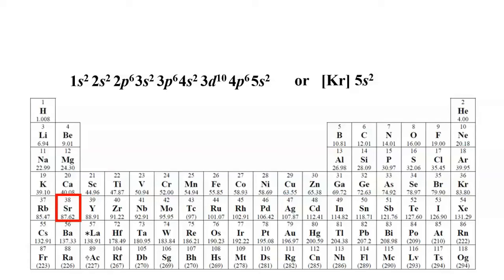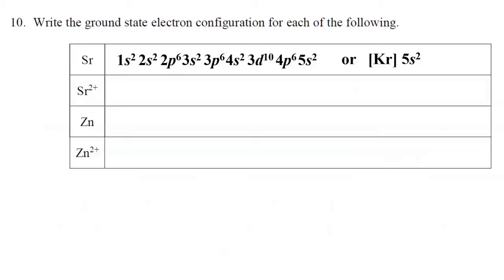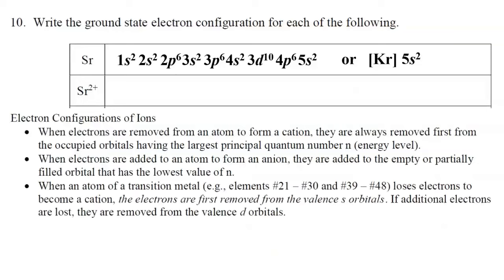You could also abbreviate it by using the noble gas krypton, which takes care of 36 electrons, followed by the last part, the valence electron shell, 5s2. Now, for strontium 2+, it is an ion which has lost 2 electrons. Remember, when electrons are removed from an atom to form a cation, they are always removed from the occupied orbitals having the largest principal quantum number, n, or the energy level, which in this case is 5s2.